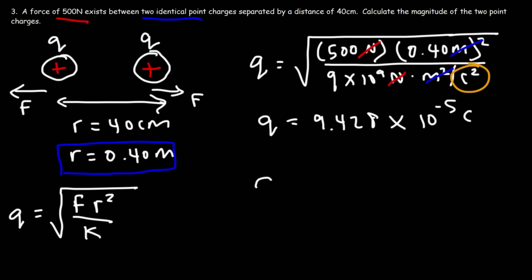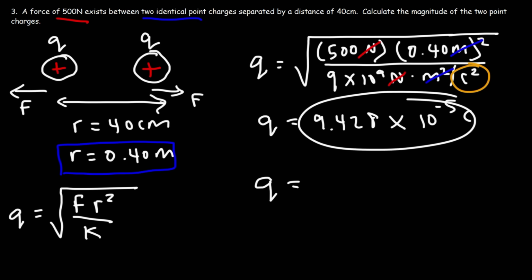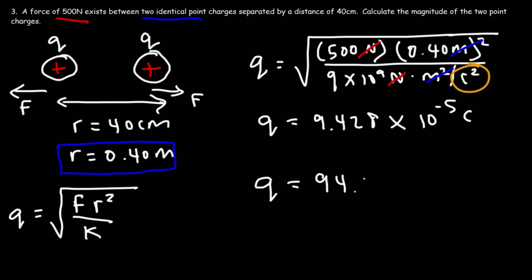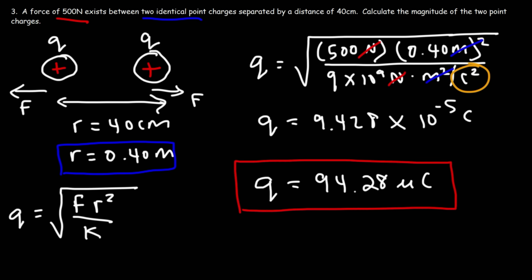Now to get the answer in microcoulombs, take this value and divide it by 10 to the negative 6, or 1 times 10 to the minus 6. So if you do that, you should get 94.28 microcoulombs. So that is the magnitude of the two identical charges.